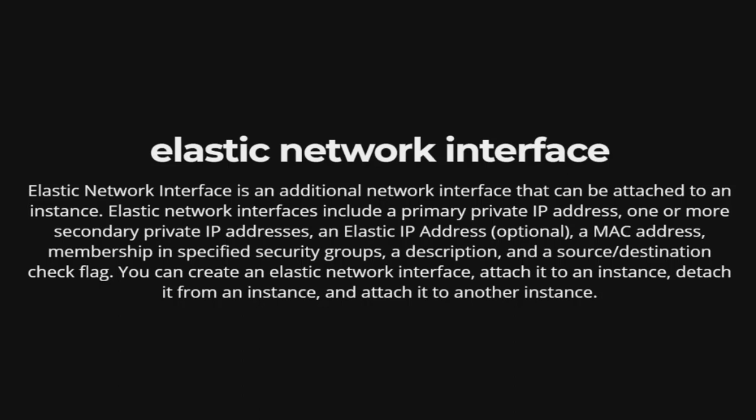Elastic Network Interfaces include a primary private IP address, one or more secondary private IP addresses, an elastic IP address, optional, a MAC address, membership in specified security groups, a description, and a source/destination check flag. You can create an elastic network interface, attach it to an instance, detach it from an instance, and attach it to another instance.